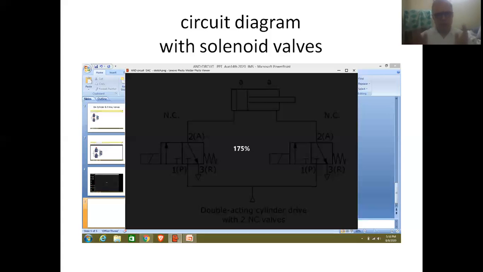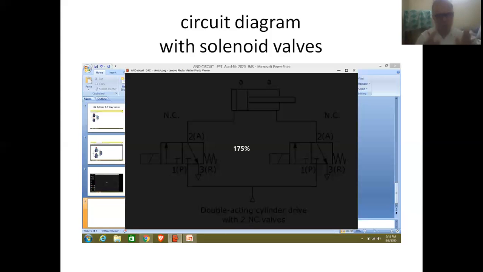So friends, the construction and the working of both these valves are one and the same, and both the valves are provided with equal number of ports and equal number of positions.